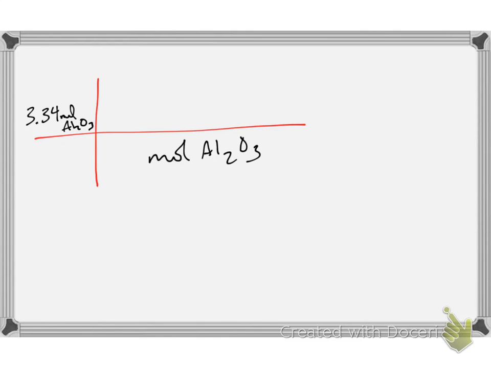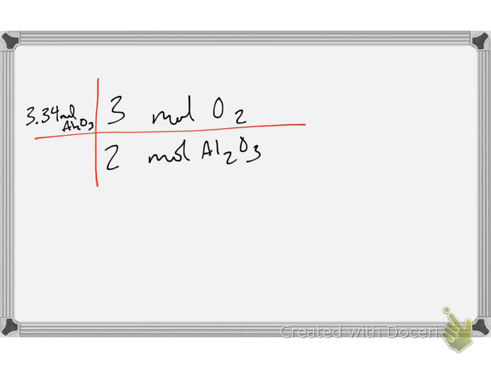And according to my balanced equation, I have 2 moles. Now, on the top, since I'm going to moles of oxygen, I need to look at my balanced equation to see that I get 3 out. So, last step, since I needed to end in moles of O2, all I'm going to do is multiply by my 3 and divide by 2.